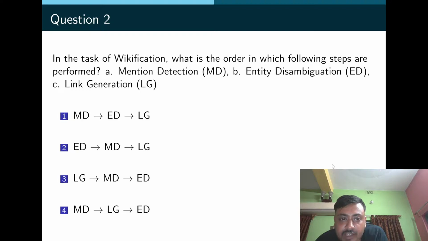What is the order in which they have to be performed so that we can disambiguate between the entities? Anyone?